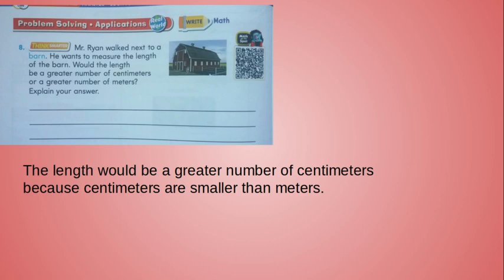Because they are smaller, it's going to take many more of them to measure the same distance. Just like that warm-up. Go ahead and write that sentence down for number 8. If you need another moment, pause the video.